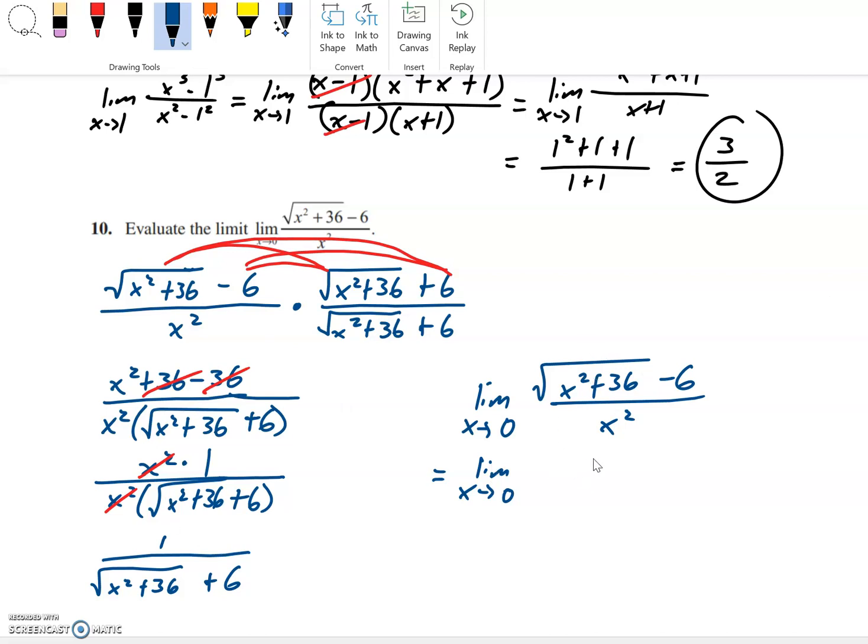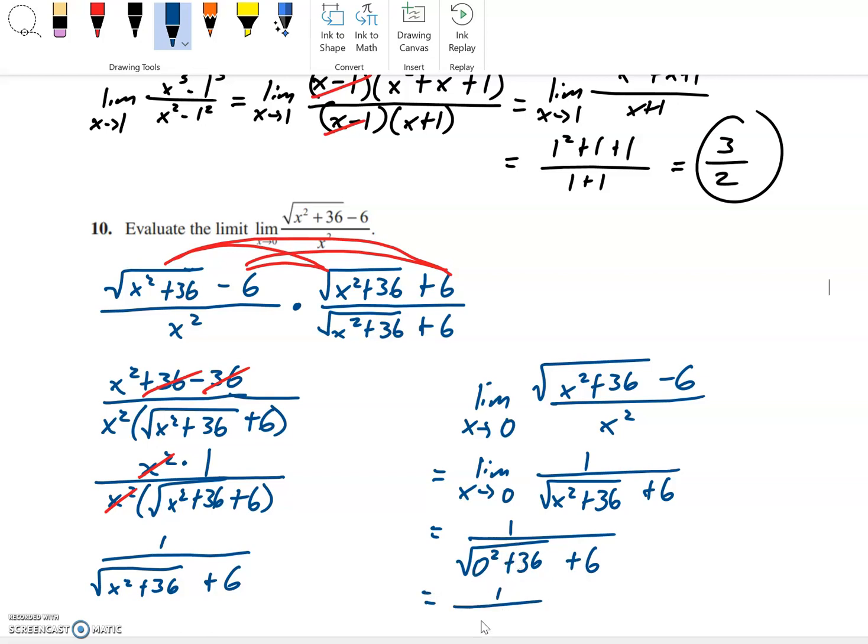This fraction got turned into 1 over the square root of x squared plus 36 plus 6. And then you could apply this, you could toss that in. So you say 1 over the square root of 0 squared plus 36 plus 6. Well, the square root of 36 is just 6, so this becomes 1 over 6 plus 6, or 12. So you could do this, right?